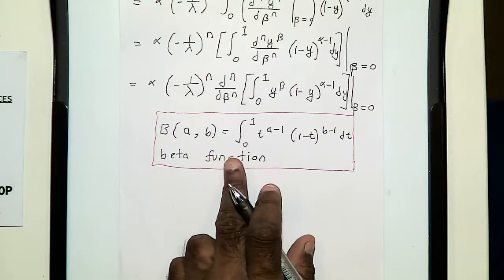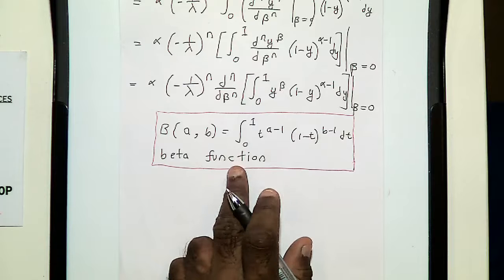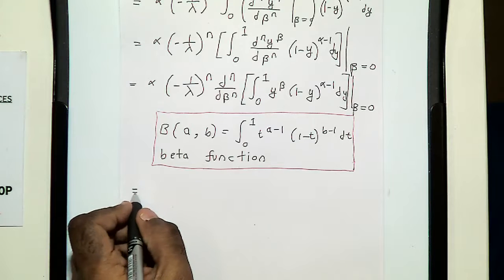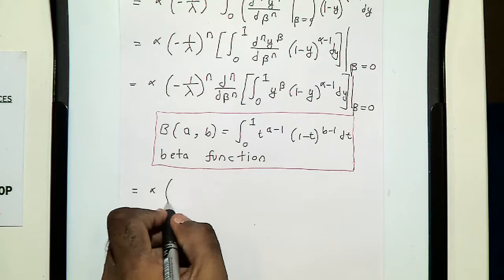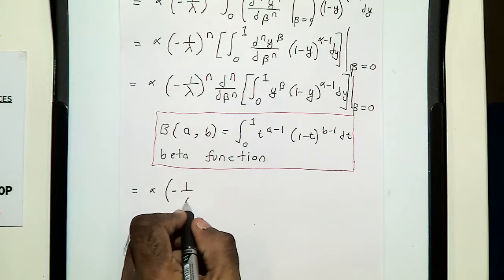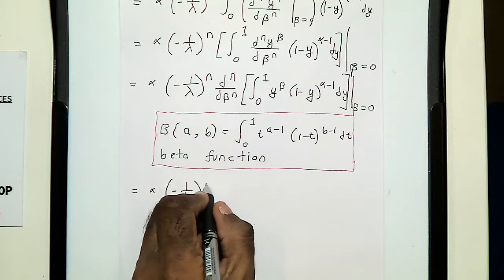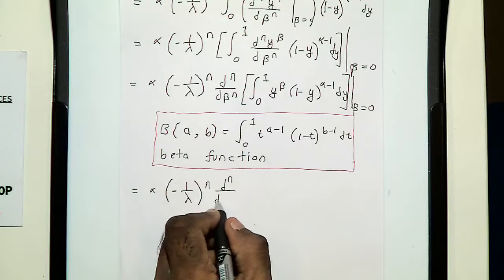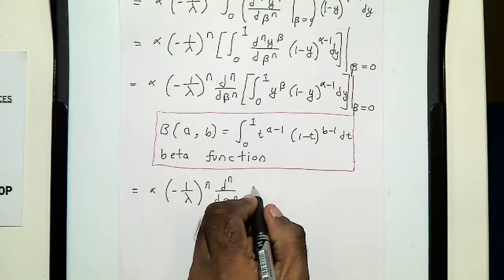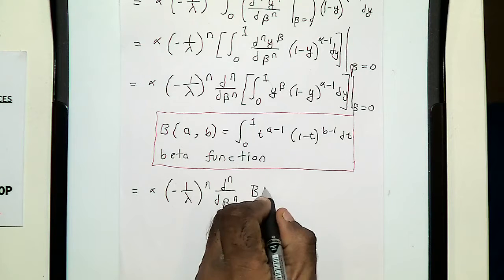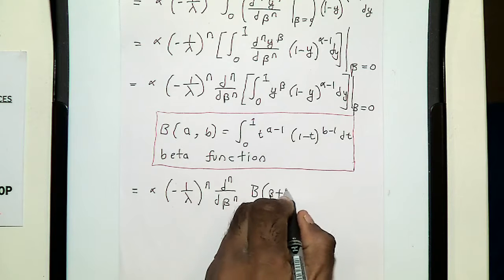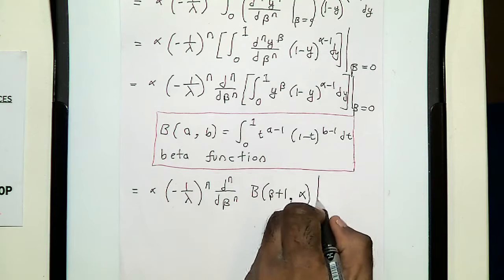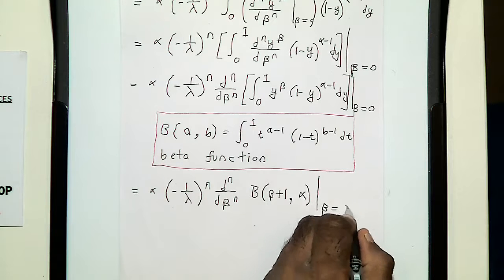So using this definition, you can write the integral as the beta function at beta plus 1 comma alpha, taken at beta equal to 0.